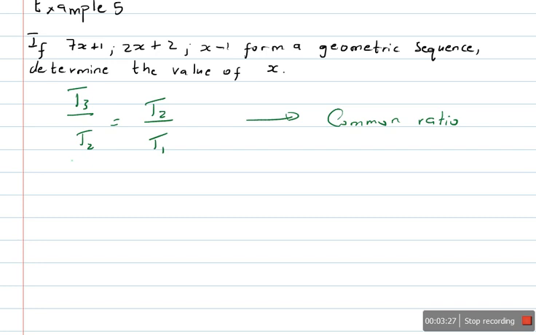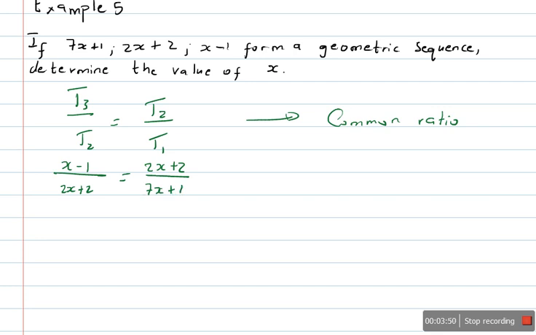So t3 is x minus 1 all over t2, which is 2x plus 2, and t2 we just said is 2x plus 2 all over 7x plus 1.